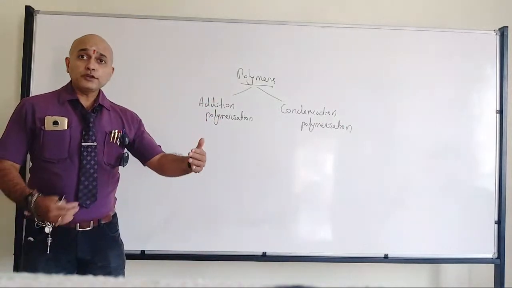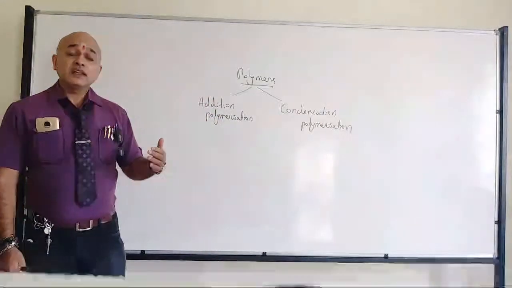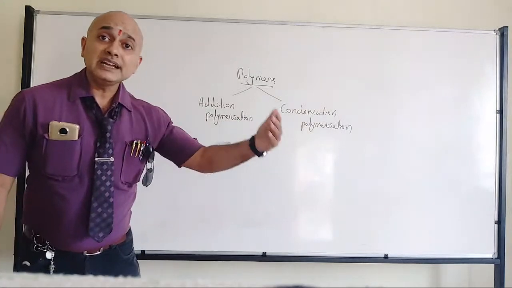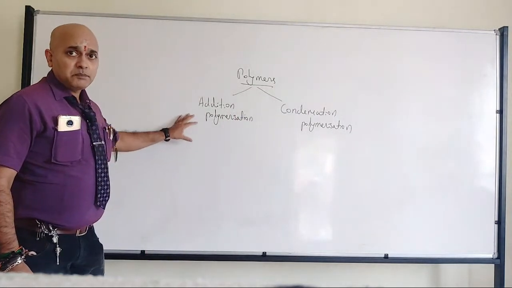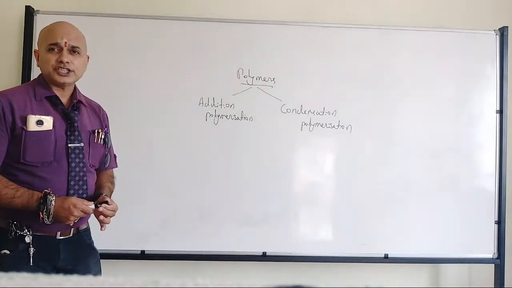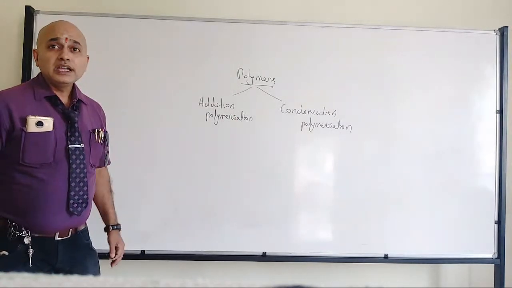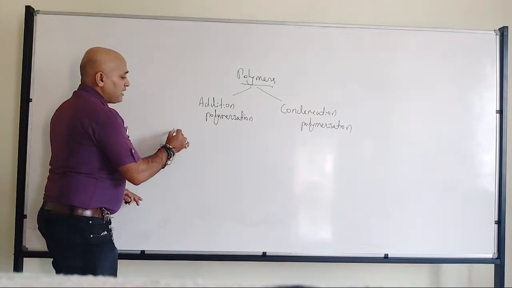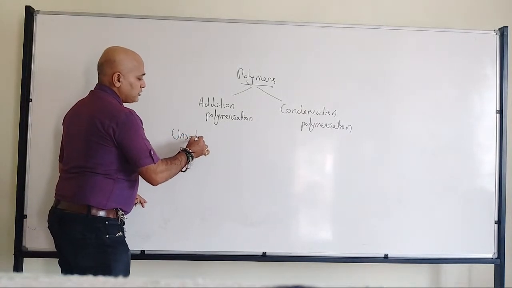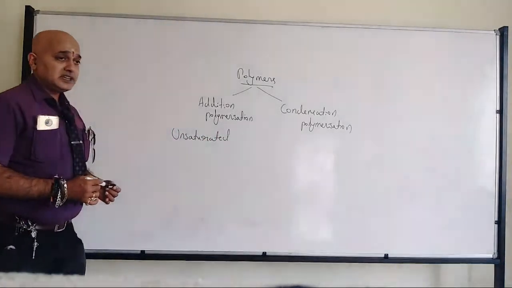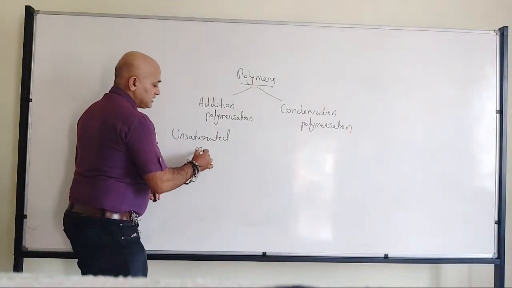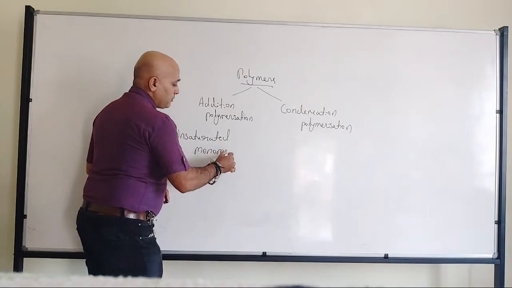It is purely based on how that polymer has been produced. It can be produced due to addition reaction or it can be produced due to condensation reaction. Normally, addition polymerization, all of us know, will happen when we have unsaturated monomers.